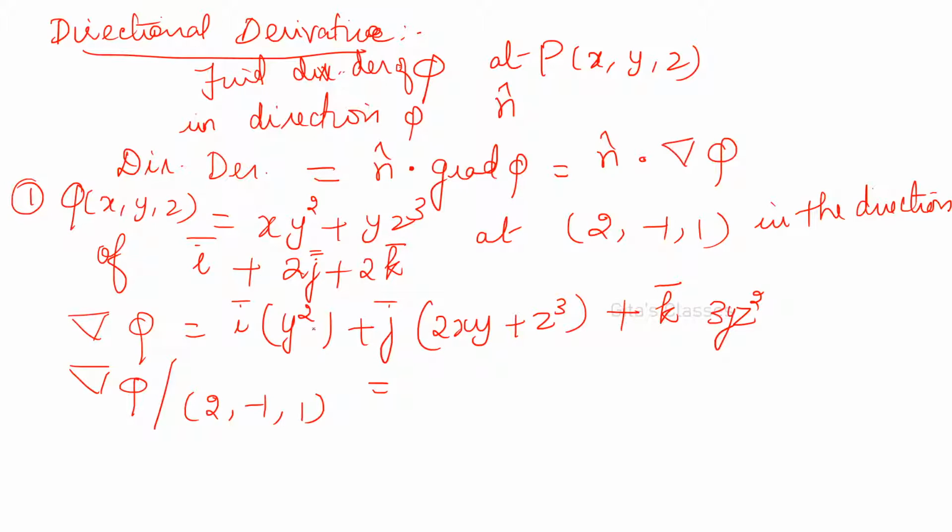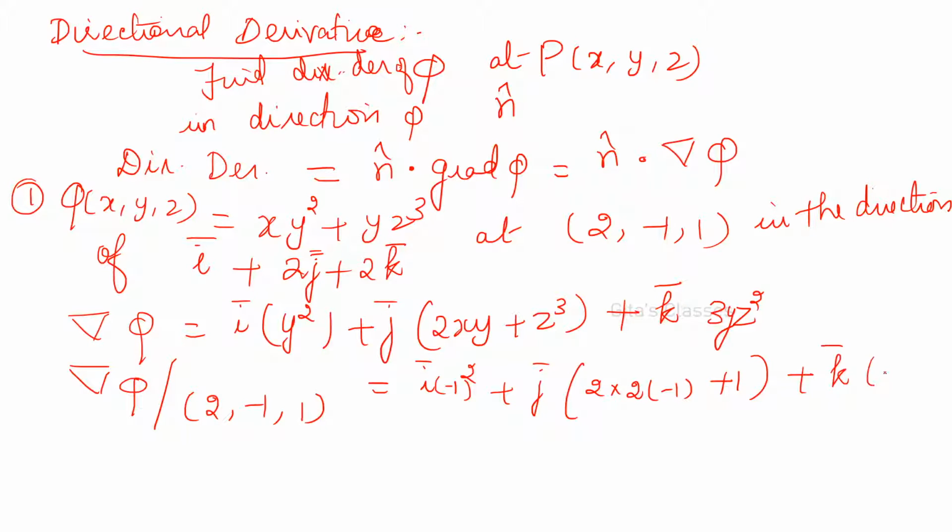So del phi means i into y squared, so minus 1 the whole square, if you want, you can write like this. Plus j into 2 into x, which is 2, into y, which is minus 1, then plus z, which is 1.